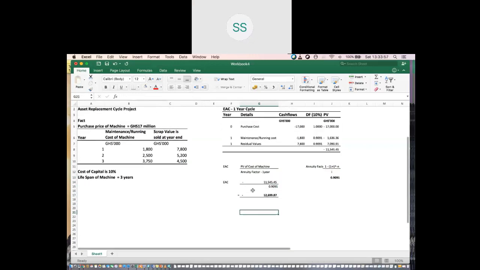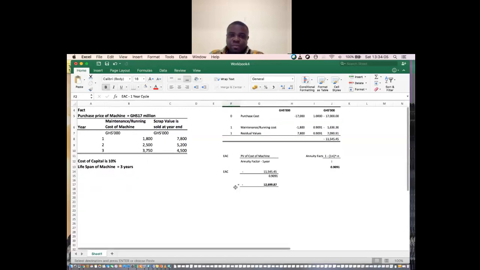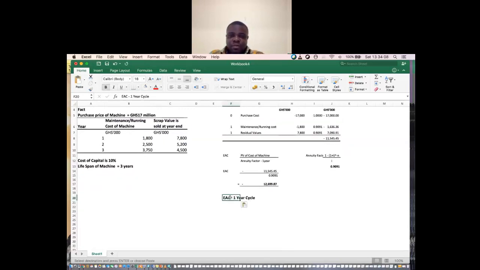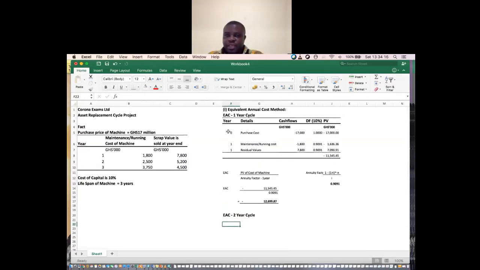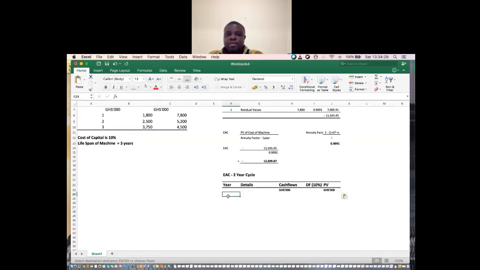All right. So now that we have gotten the year 1 cycle, we now move to year 2 cycle. So year 2 cycle, we are going through the same thing that we did here. So we have all this here. And so here for year 2 cycle, we will have year 1 and year 2.